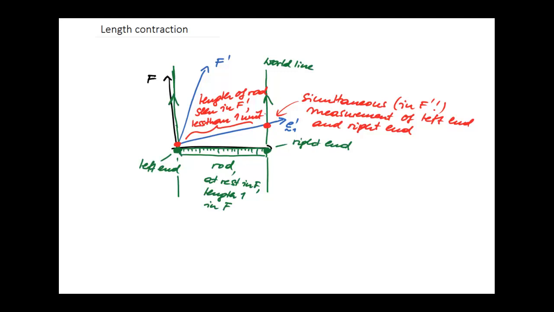So whereas observer f sees that this rod has length equal to 1 unit, the observer f prime sees that the rod has length less than 1 unit. So in the frame where the rod is at rest, namely in f, it's 1 unit. In the frame f prime, which moves relative to the rod, it appears to be shorter.